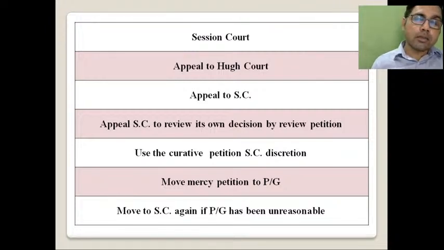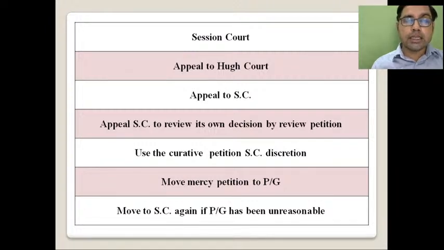That is a discretion of the Supreme Court to either accept or reject such a curative petition. Then he may also file a mercy petition before the president or governor, and at the last stage, if the mercy petition has been disposed of, again he may approach the Supreme Court that the presidential consideration was not reasonable, there was some arbitrariness.